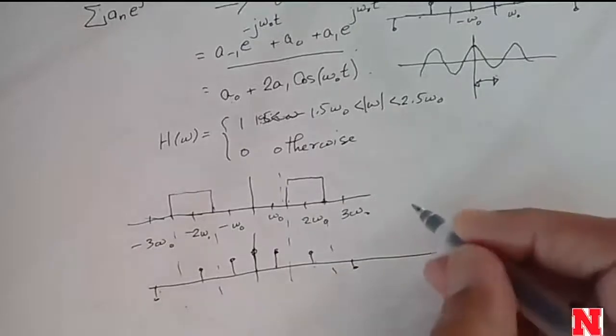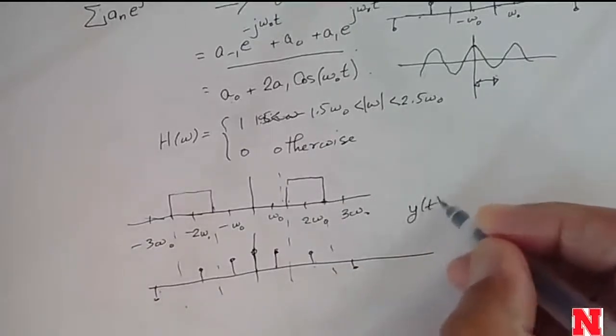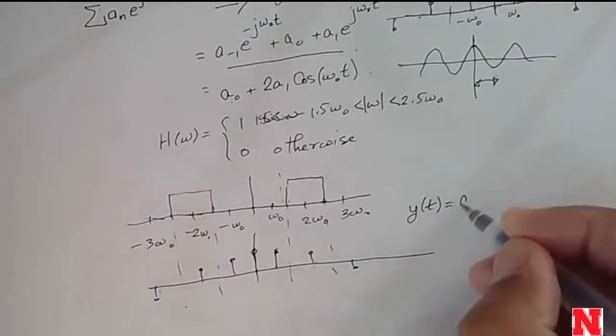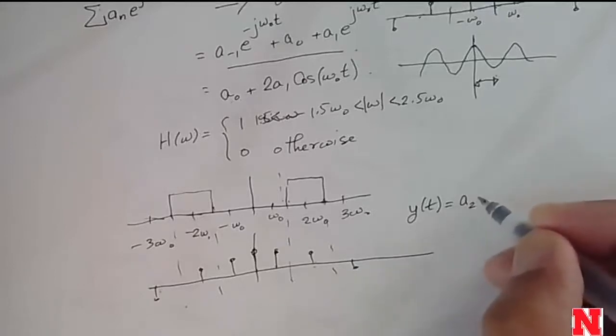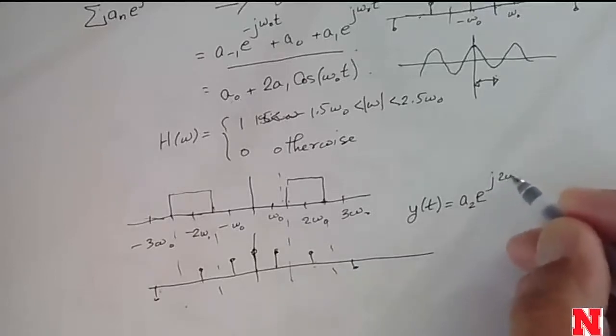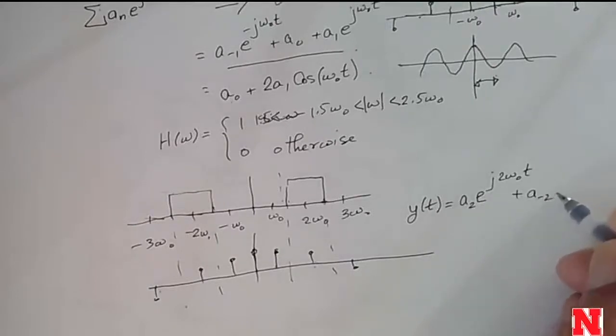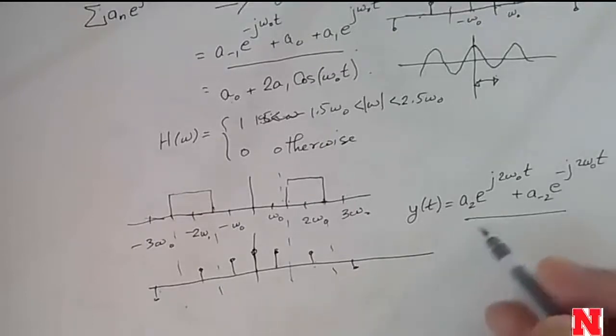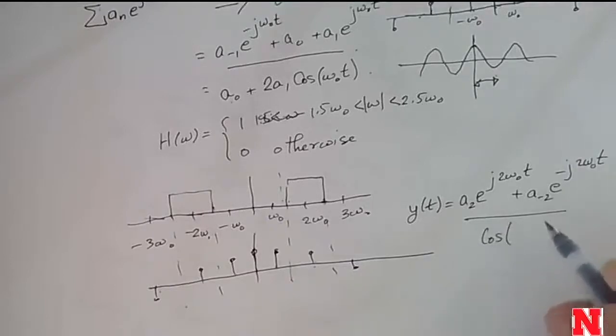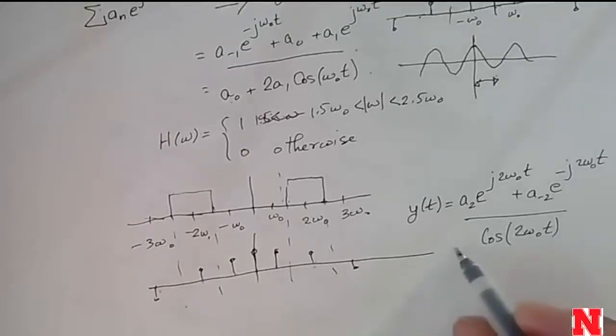So in this case, y of t will become a sub 2 e to the j 2 omega naught t plus a sub minus 2 e to the minus j 2 omega naught t. And if I combine these two, I'll get some kind of a cosine at 2 omega naught t. Right? And the value will depend on a2.